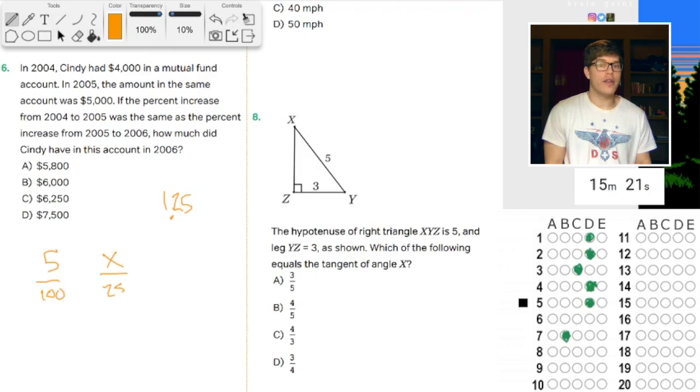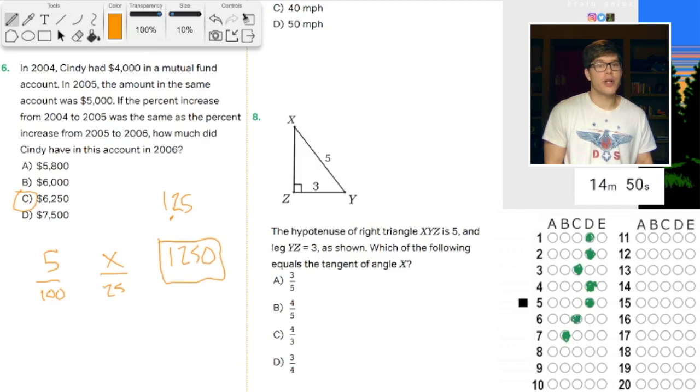I know that this 5 represents 5,000. And so this 1.25 also needs to be represented of the same value. So this represents 1,250. So if we go up 25% from 05 to 06, we're gaining $1,250. So we're going to have a net total of 6,250. So 6 is going to be choice C.